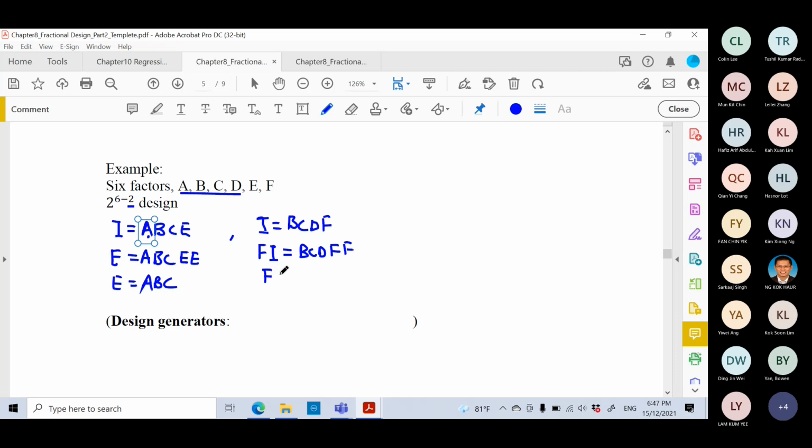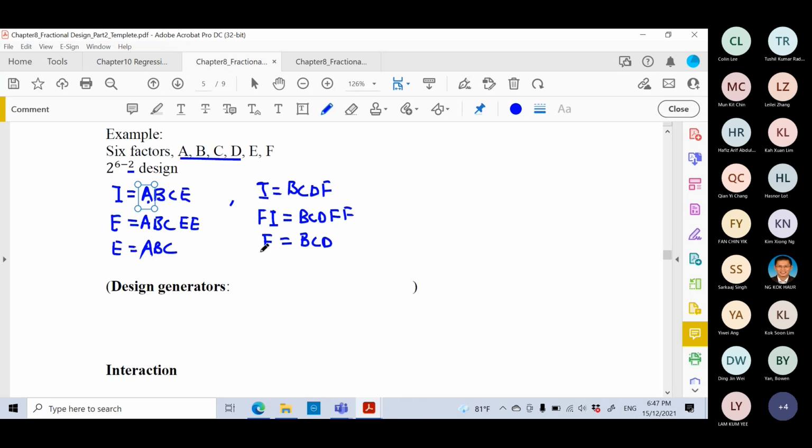Therefore you get F equals BCD. So from the basic design, you can get your E and your F. Therefore you can complete the plus minus signs, and at the same time you know what treatment combinations should be run.